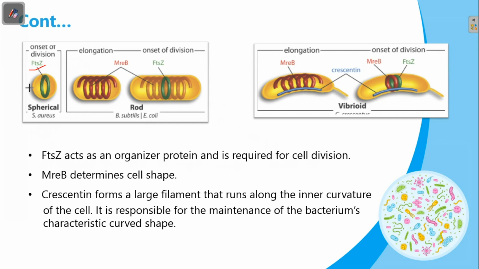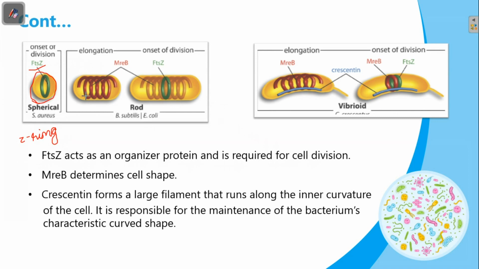Like tubulin, FtsZ forms filaments, and it is the first protein to move to the division site and form the Z ring. It is required for cell division.